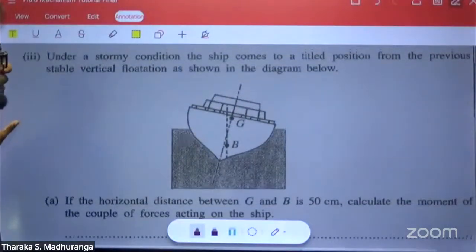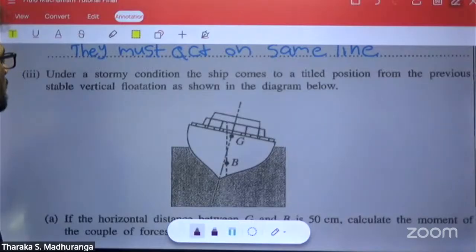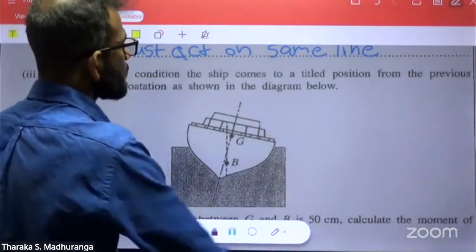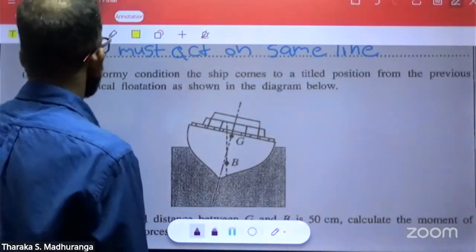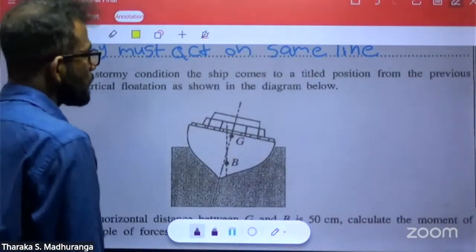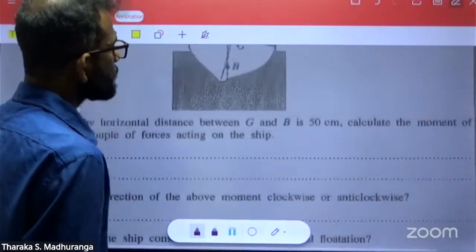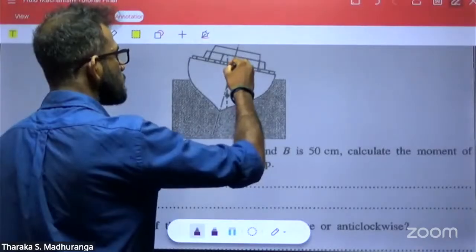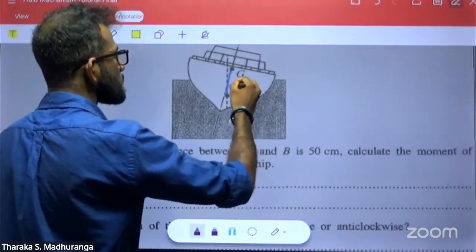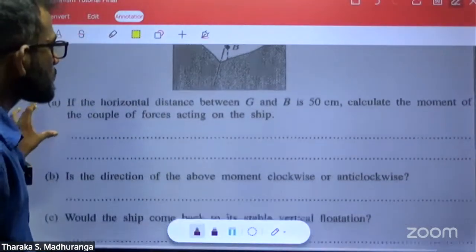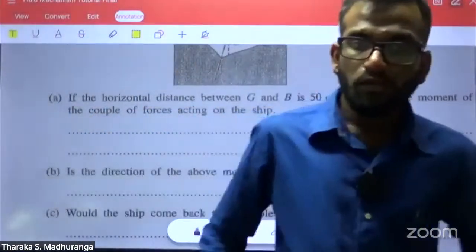Okay, now you can see the dangerous point. Under stormy conditions, the ship comes to a tilted position from the previous stable vertical flotation as shown in the diagram below. If the horizontal distance between G and B is 50 centimeter, calculate the moment of couple acting on the two forces.